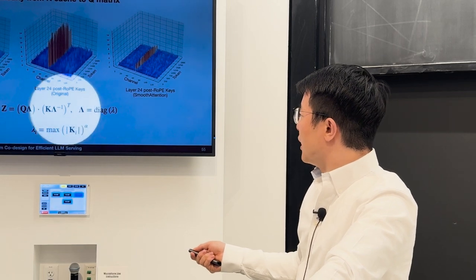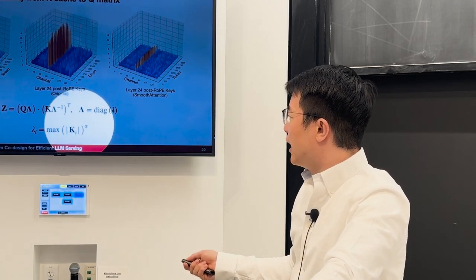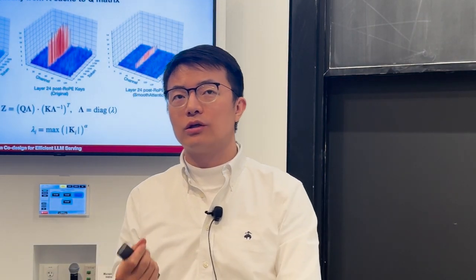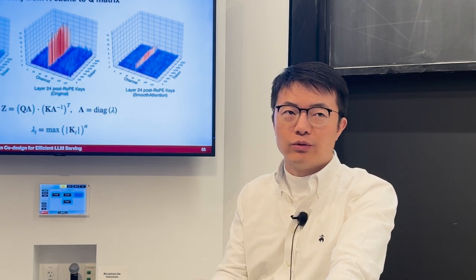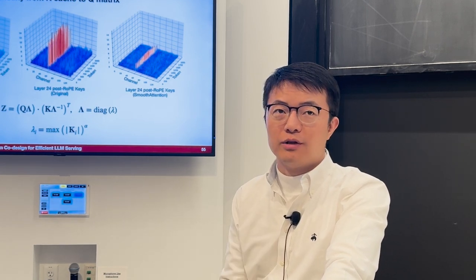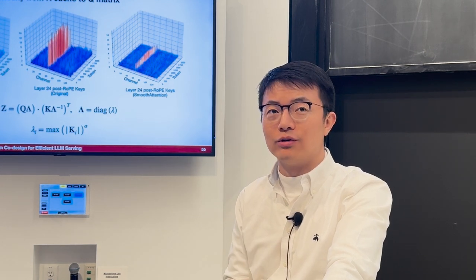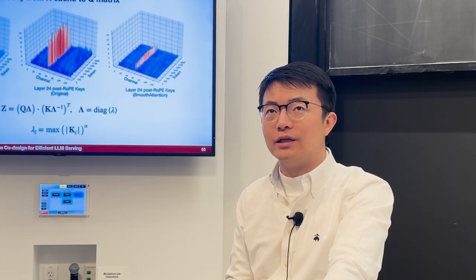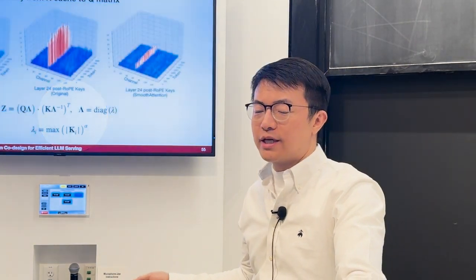The scaling factor will be related only to K, since we are pushing all the quantization difficulty from K to Q. Since the query is pretty small, we can keep it in FP16 and push all the quantization difficulty from K to the query. That's why here we have only a single term, which is K, and no Q.